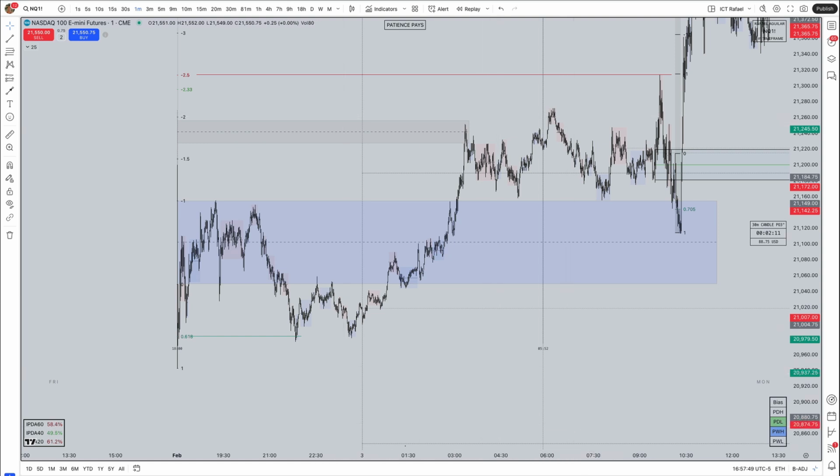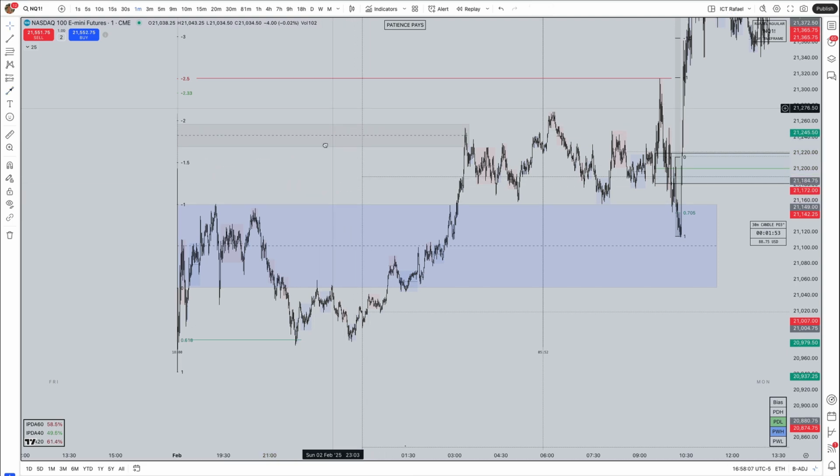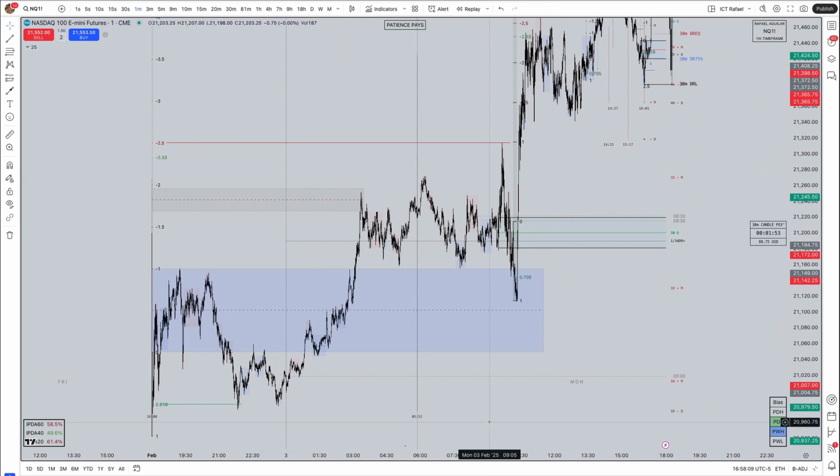London at 6:13 p.m. reached -2 standard deviations, a little bit above. So this first projection was for Asia. Asia was the -1, London the -2 standard deviation, and the rest of this projection was for New York.